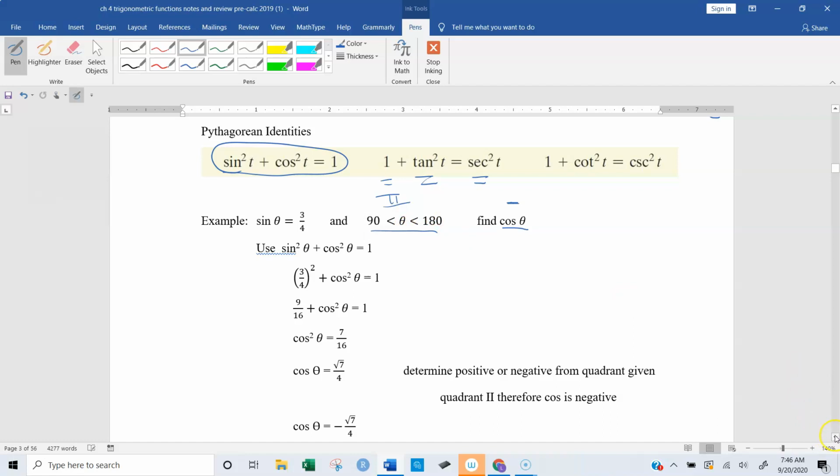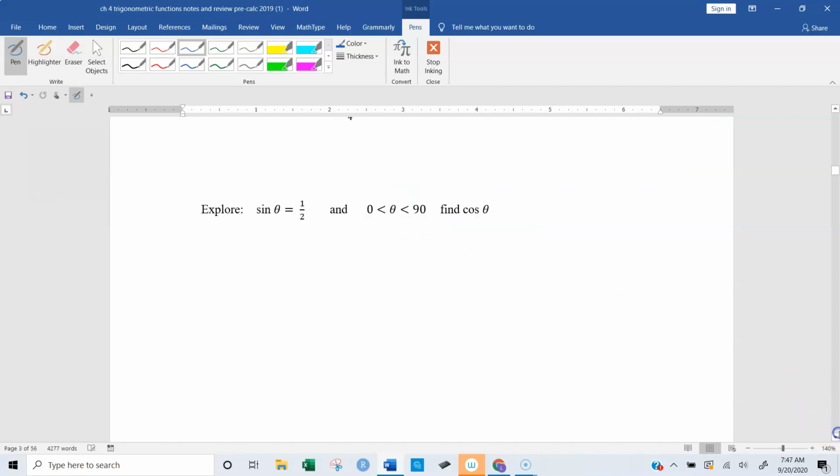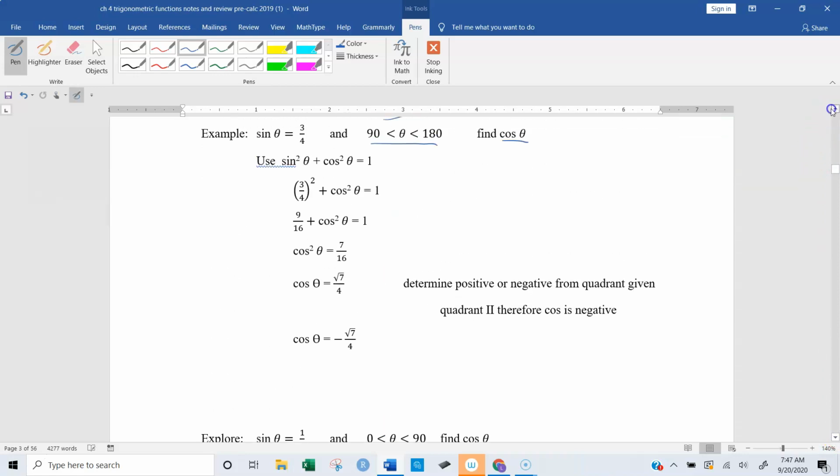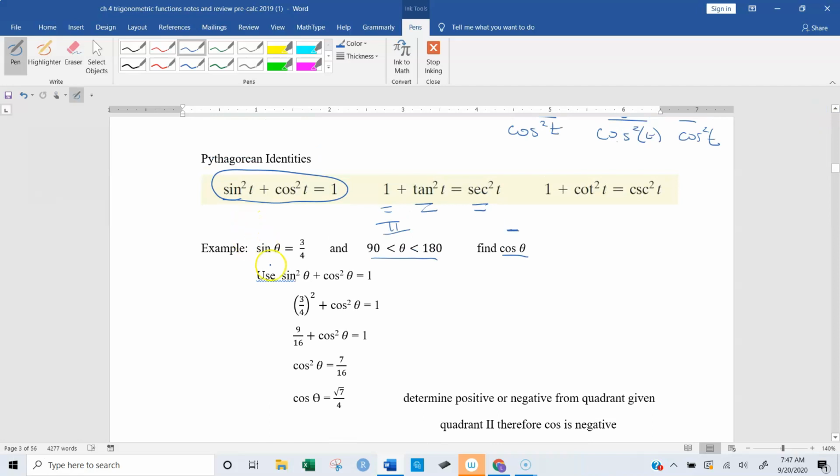So we have sine squared plus cosine squared equals 1. The reason I picked that identity is they gave me sine, and they asked for cosine. So when I look at my identities, the one with sine and cosine is the first. It could be any of these and sometimes a combination of.